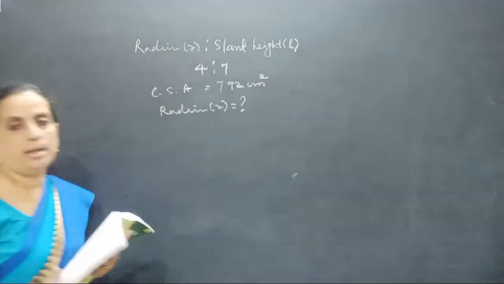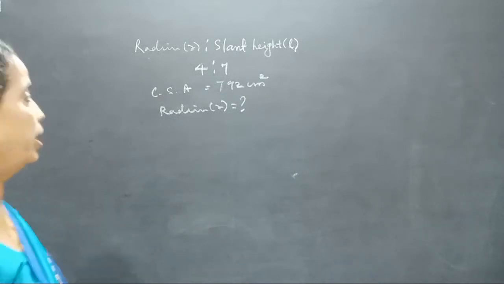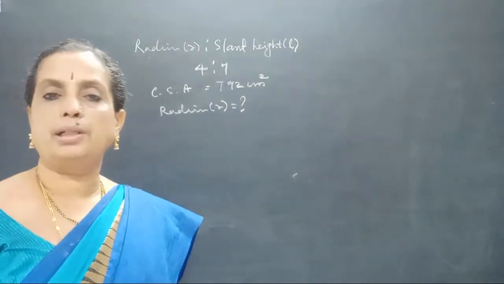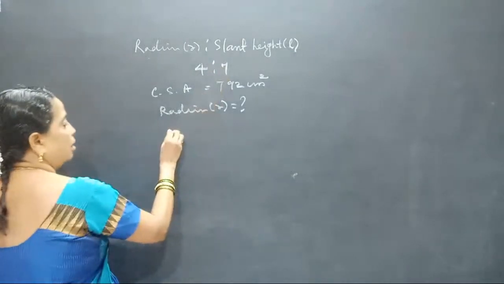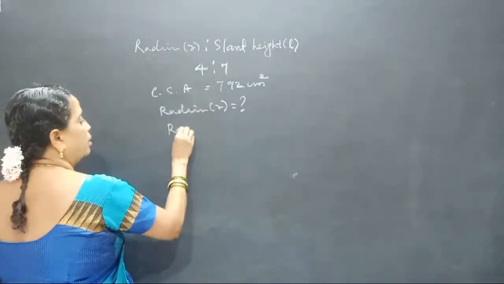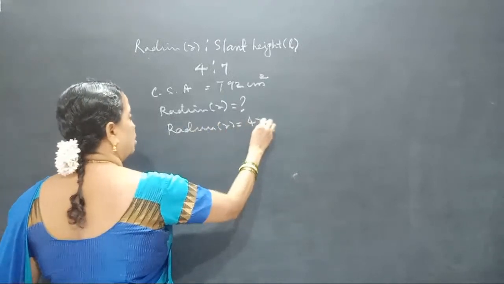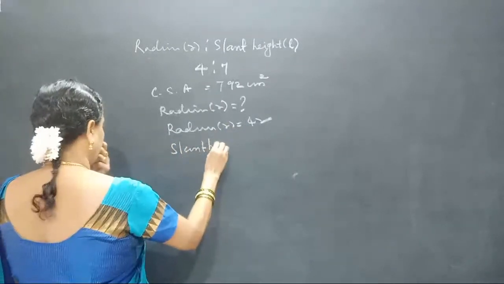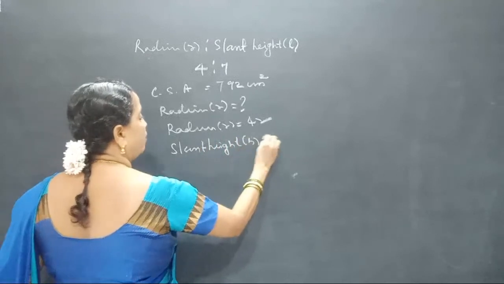So the radius and slant height are in ratio. Whenever it is in ratio, we should consider along with the ratio the product of a constant term x. So we take radius equals 4x, slant height equals 7x.